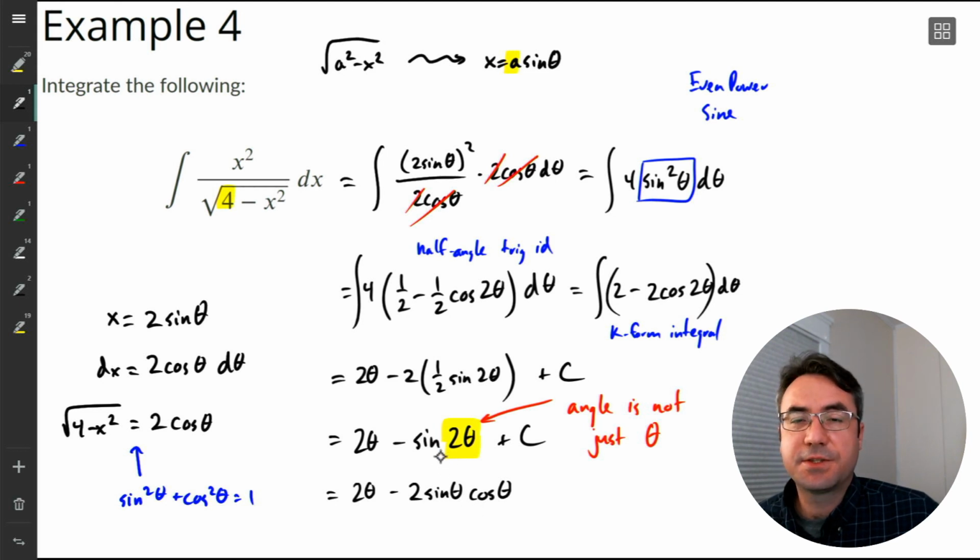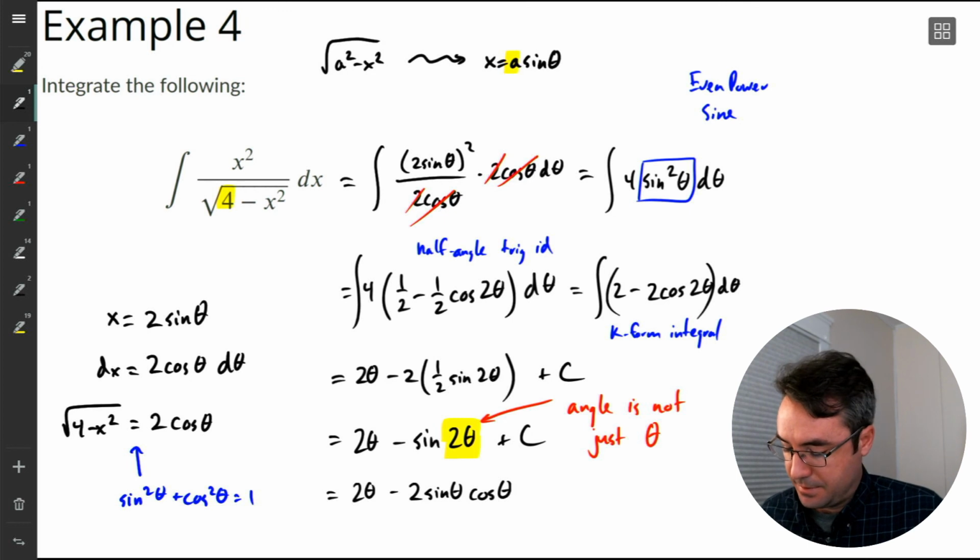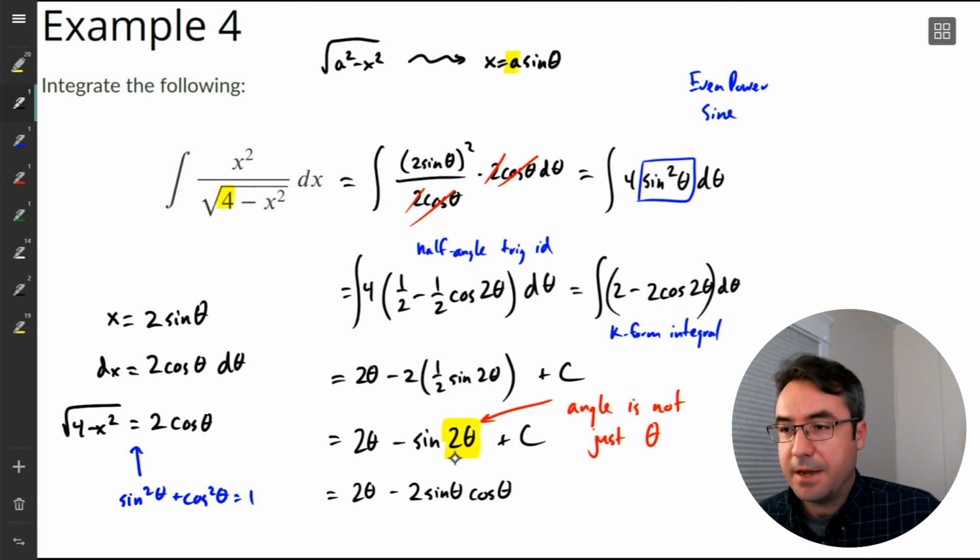And so that's going to be helpful because now we just have these trig functions where the angle is just theta. So that's going to be handy.